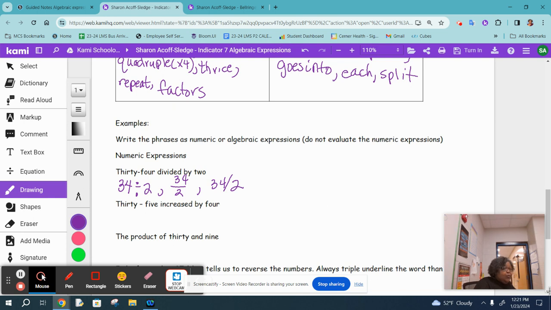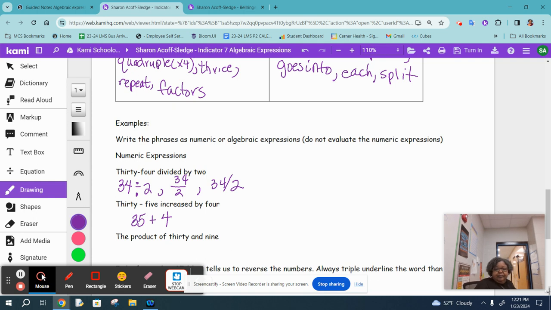So which operation are we doing for increased by? Addition. So 35 increased by 4 is 35 plus 4. If you write 39, that's wrong. We want the expression, not for you to evaluate the expression.